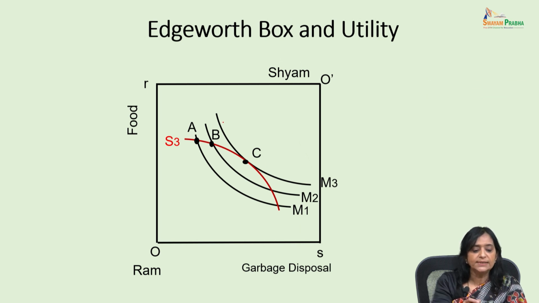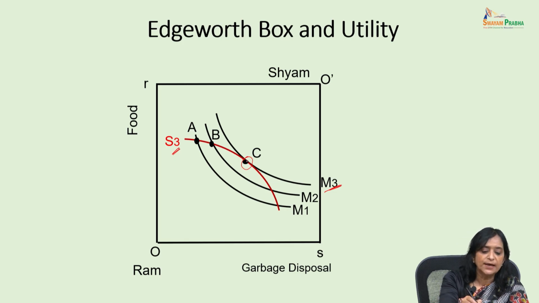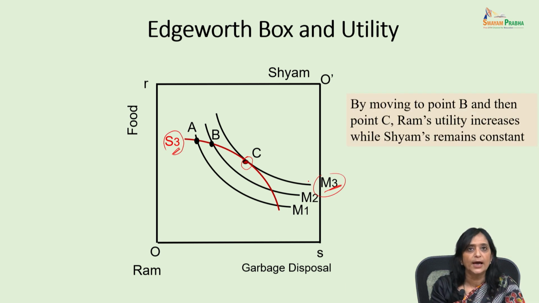Now, in this case, what we see is that this S3 is getting tangent to M3 at point C. S3 was the highest utility which Shyam could derive. M3 is the highest utility which Ram could derive. And when these two indifference curves have become tangent to each other, or they are touching each other at point C, we see that here Shyam's utility is highest and Ram's utility is also highest.